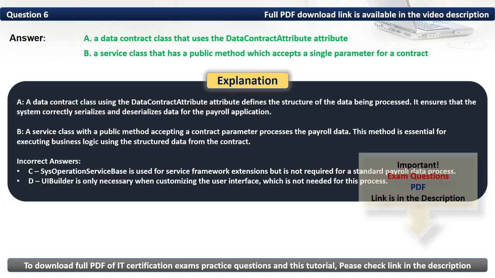It ensures that the system correctly serializes and deserializes data for the payroll application. Then we have B, service class with a public method accepting a contract parameter processes the payroll data. This method is essential for executing business logic using the structured data from the contract.